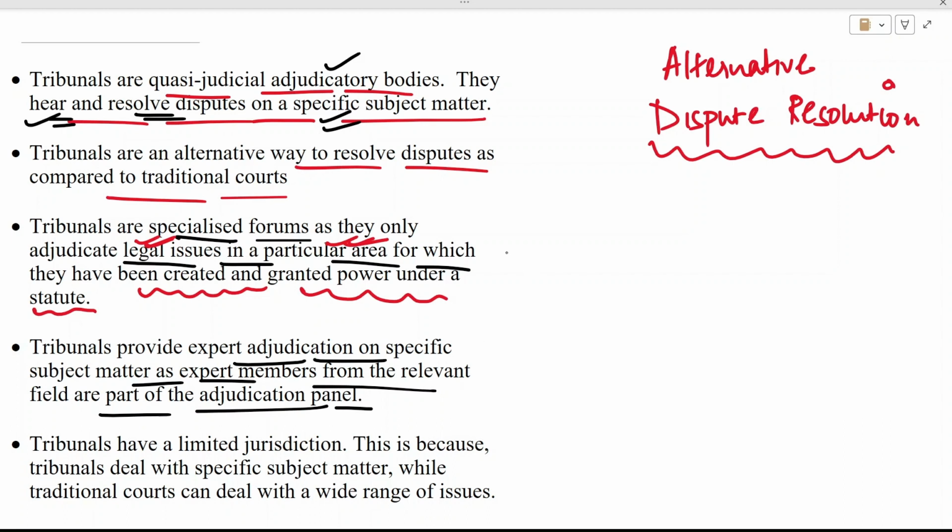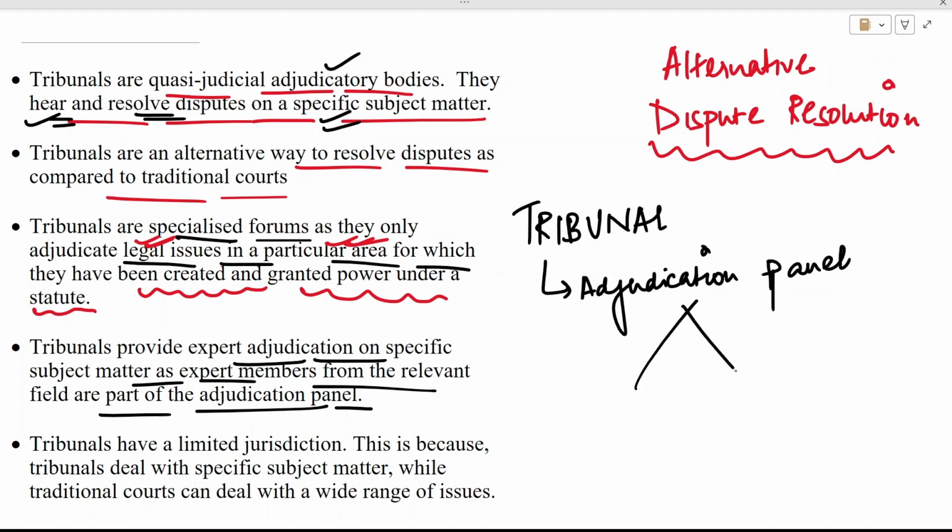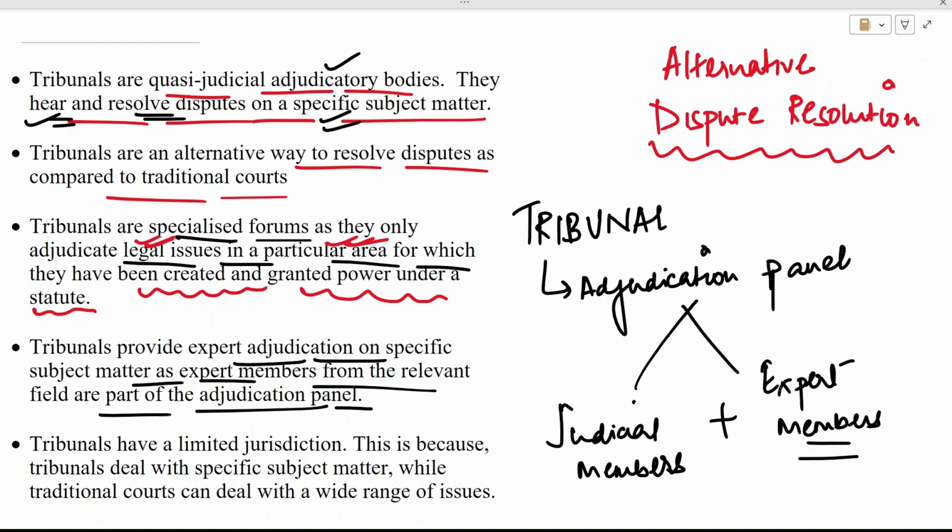Now, one thing you need to know is that in a tribunal, the adjudication panel consists of judicial members as well as expert members. Alright, this is also a difference between a tribunal and a traditional court.